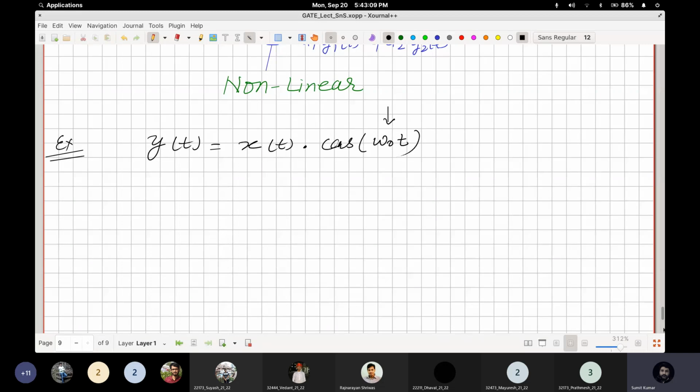Linear. So it's going to be linear. Somebody is saying, anyone else? Let's again check this. We'll have to verify every time.